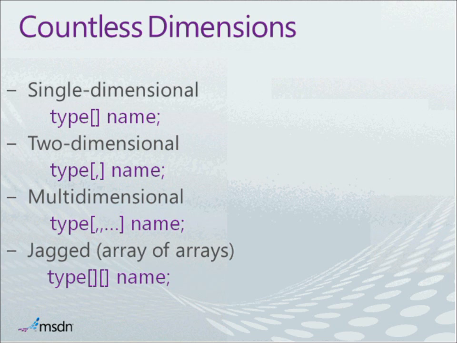So in this case, you're indicating to C# that you have two elements inside here, separated by the comma. Now, you can have one or more commas inside of this to define whether it's a two-dimensional array or a multi-dimensional array. If I have just two commas inside the block, then I wind up with three values. Maybe that's a three-dimensional point in space, an x, y, and a z value.